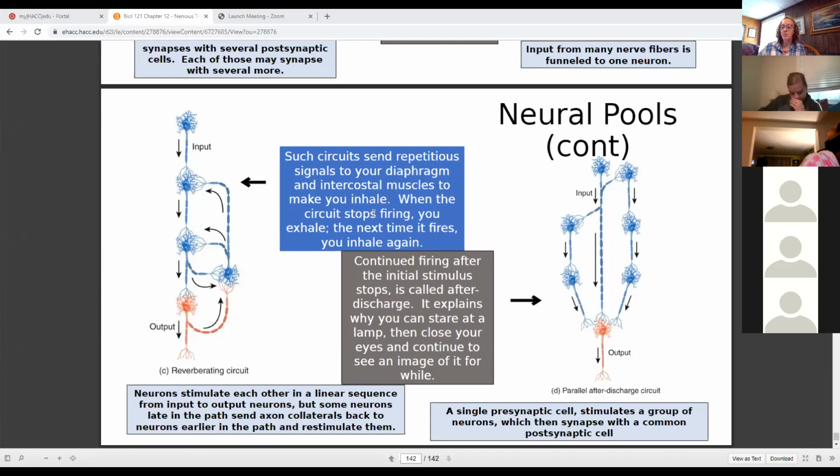A single presynaptic cell can stimulate. This is a parallel after discharge circuit. Where one presynaptic cell stimulates a number of neurons and then synapses also with the common postsynaptic cell. So a presynaptic neuron can synapse with other presynaptic neurons in addition to the postsynaptic neuron.